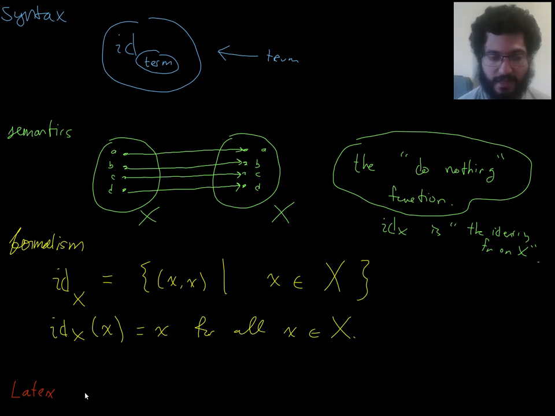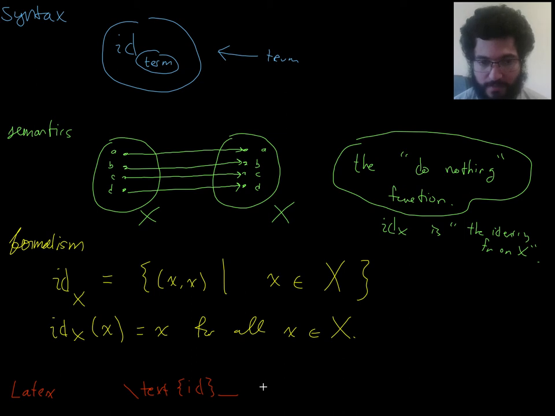And then for LaTeX, if you just want to write this, I would say for the word id, use operatorname or text would be fine, like this. And then for the subscript, you just do an underscore. If it's just one thing, like id sub x, then underscore x would work.